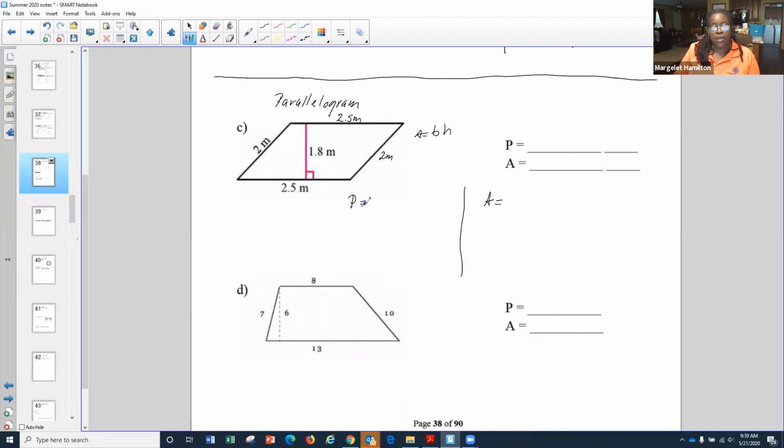Again, perimeter, just adding up our sides. So we have 2 plus 2 plus 2.5 plus 2.5. So what's that? 2, 4, 6, 8, 9, right? So 9 meters.